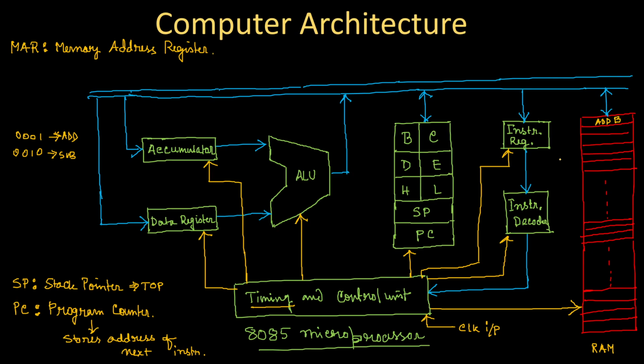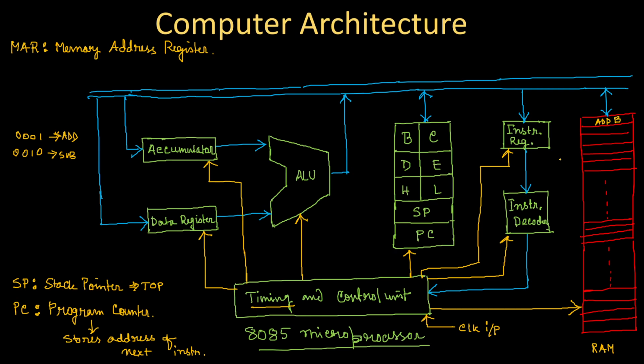And after that there is some part which is involved in decoding the instruction so that the processor can understand what the meaning of the instruction is. And after decoding there is a huge part which is involved in executing the instructions, right?